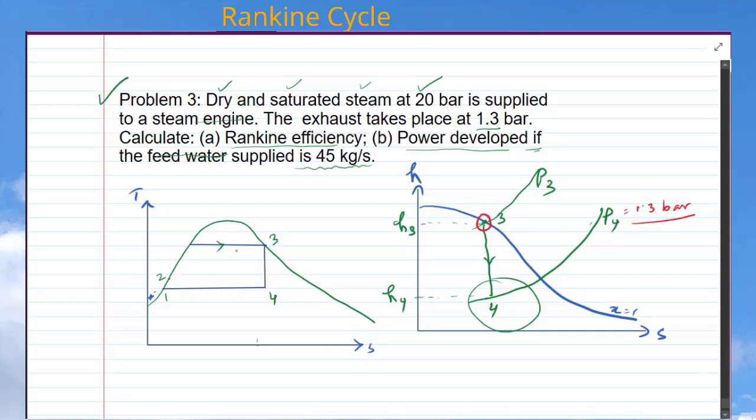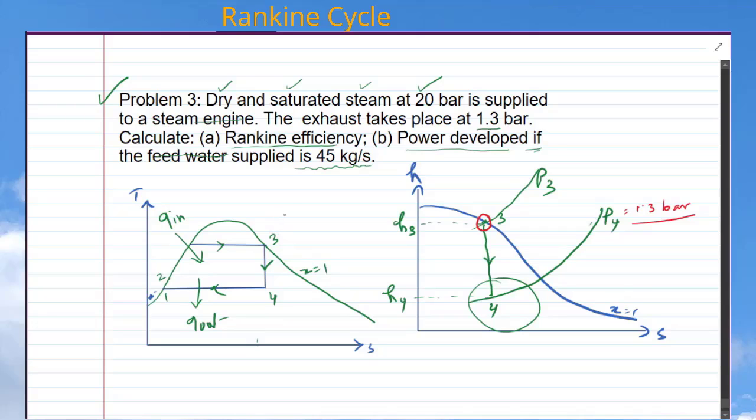From 1 to 3 is Q in, heat supplied in the boiler, 3 to 4 is expansion in the turbine, and 4 to 1 is heat rejection in the condenser. This is the TS diagram. This line is x equal to 1.